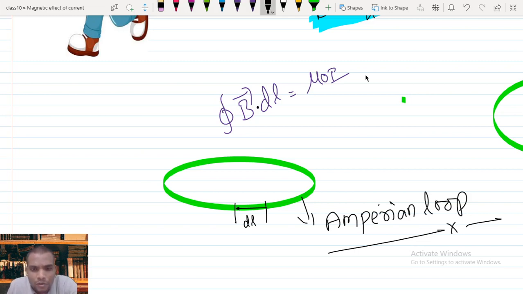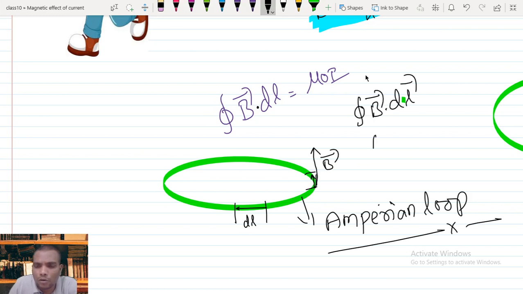For this Amperian loop, what could be the direction of the magnetic field? The magnetic field to this Amperian loop is always in the tangent direction. If I consider a small elemental length here, the angle between the magnetic field and the elemental length goes to 0. That's why we rewrite this formula as the closed integral of B bar dot dl, the dot product of two vectors, which gives B dl cos theta.